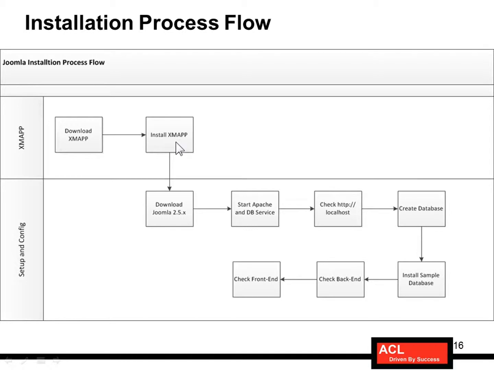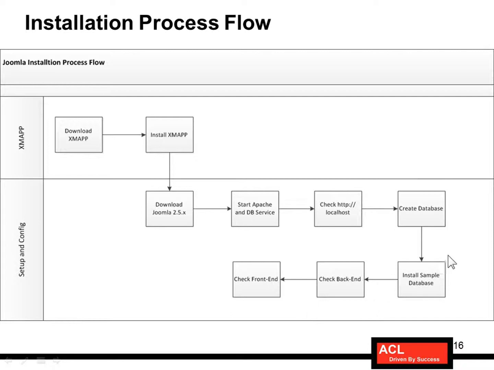Once you install XAMPP, which contains the three things which I just explained, you then need to download Joomla. Once you download Joomla, you need to install Joomla. Once you install Joomla, then you need to start the Apache database service, and then a few other things that go with it.